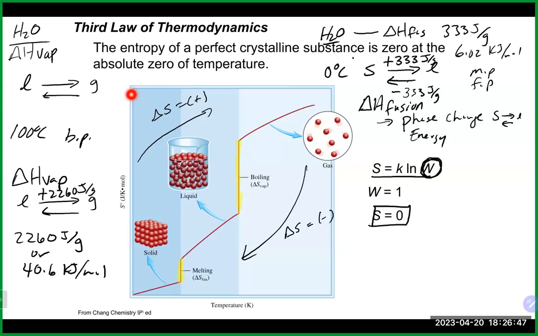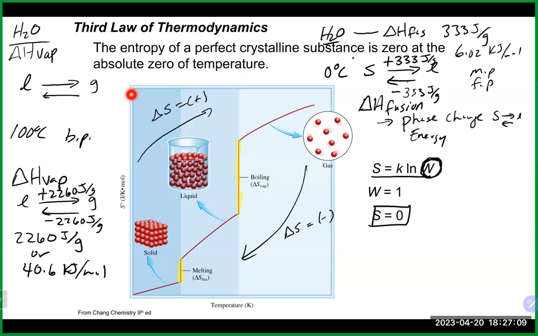And going from gas to liquid, you have to release all that energy, which would be minus 2260 joules per gram, which would obviously be exothermic. By the way, just looking at those values for water, it takes more energy to do which transition? Going from solid to liquid or liquid to gas?